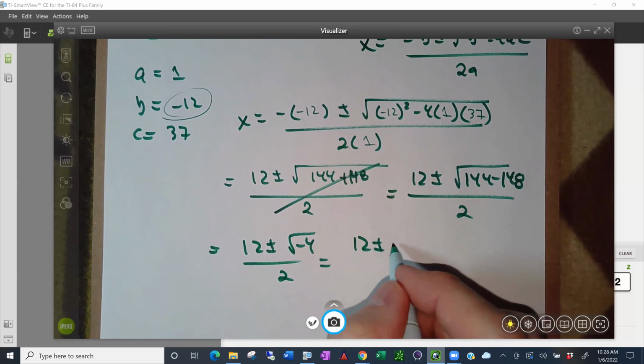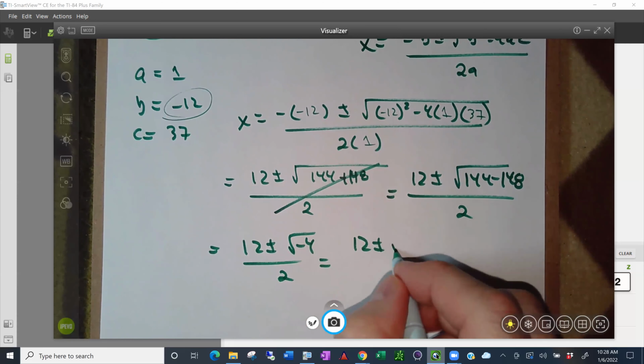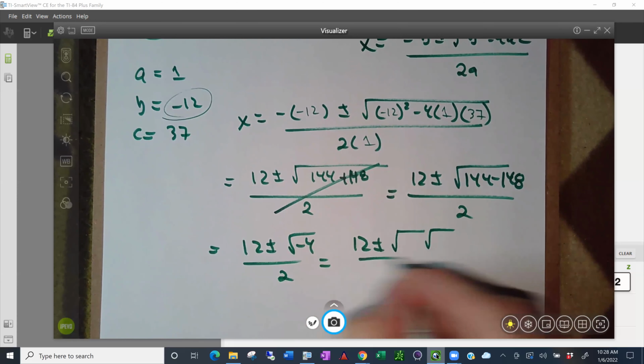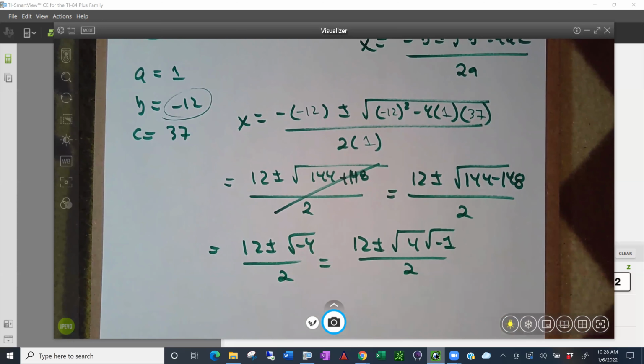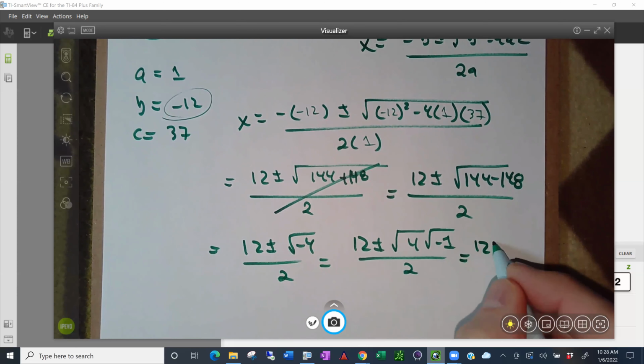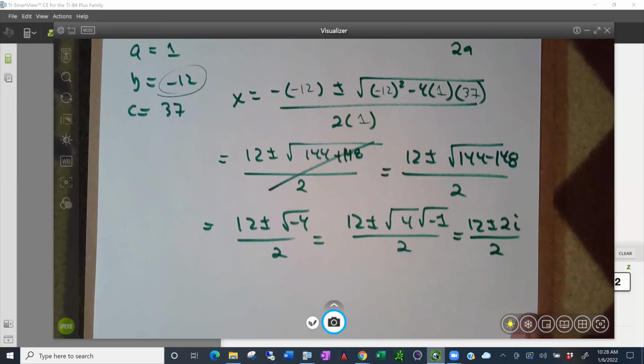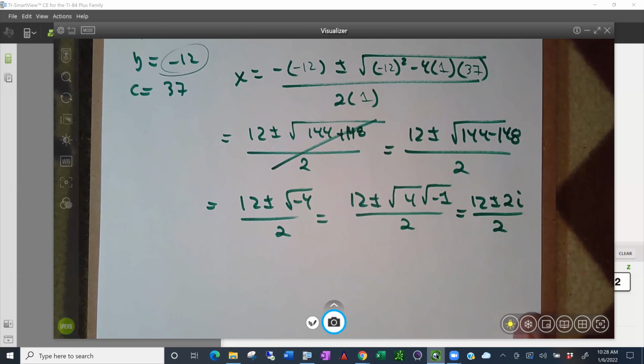Square root of negative 4, well, here it is in kind of slow motion. Maybe you can do it all in one step for yourself, that's fine. It's the square root of 4 times the square root of negative 1, which is 12 plus or minus 2i over 2. Now, there are a couple ways you can simplify this.